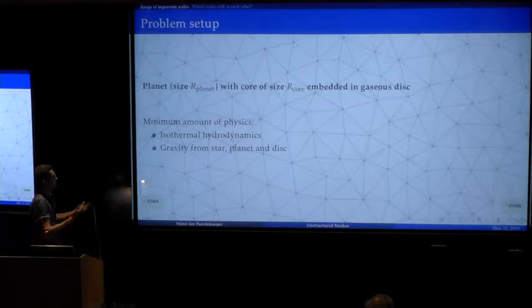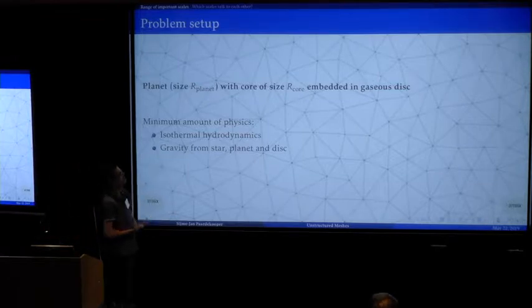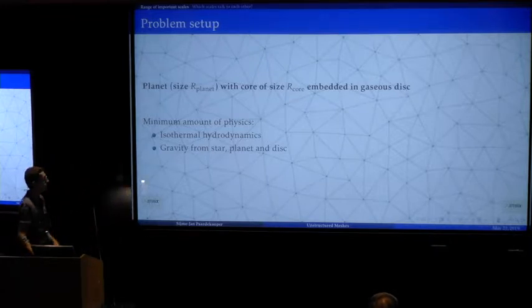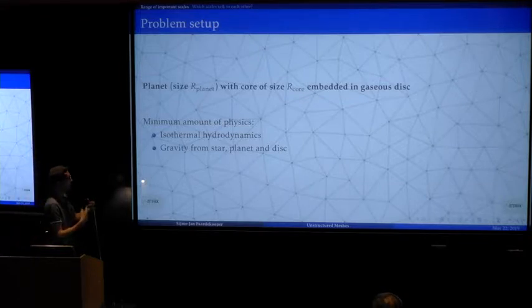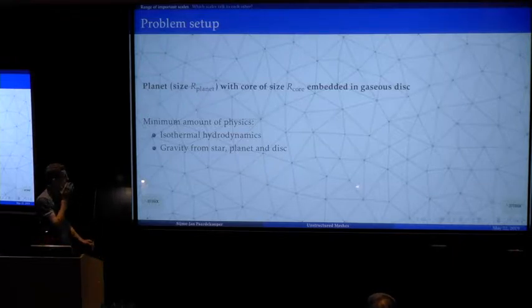So the physics we need as a bare minimum is some hydrodynamics. For the purposes of this talk, I'm going to assume a very simple equation of state, mostly isothermal, although I think one of the challenges in physics is to improve on this and do some proper thermodynamics, as was shown already. And on top of that, we of course need the gravity from the star, the planet, and ideally the disk as well.